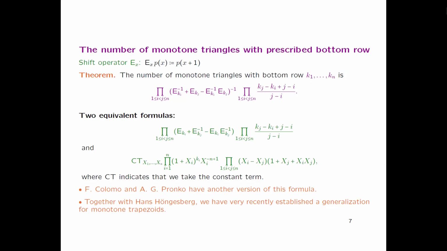And also there is a constant term formulation. So the formula below here, where you have a Laurent polynomial in the xi, and you take the constant term. That also gives the number of monotone triangles with prescribed bottom row, and you can somewhat easily transform one into the other, so that's not difficult.